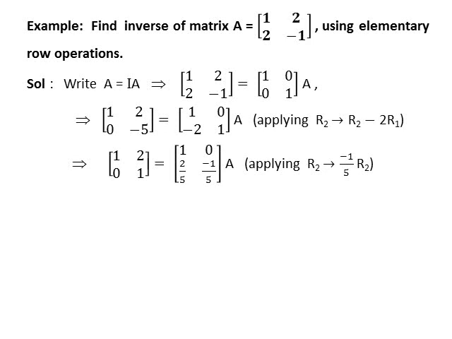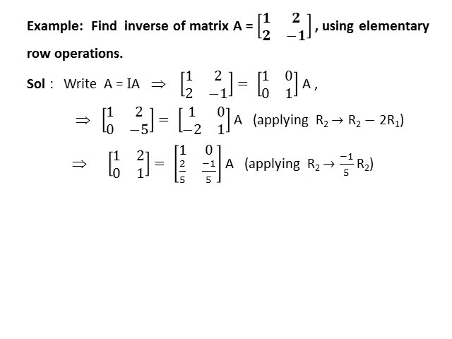In next step, we convert the element A22 equals to minus 5 of left hand side matrix as 1. So apply R2 approaches to minus 1 by 5 R2. It means multiply the elements of second row with the minus 1 by 5. We get A22 equals to 1.